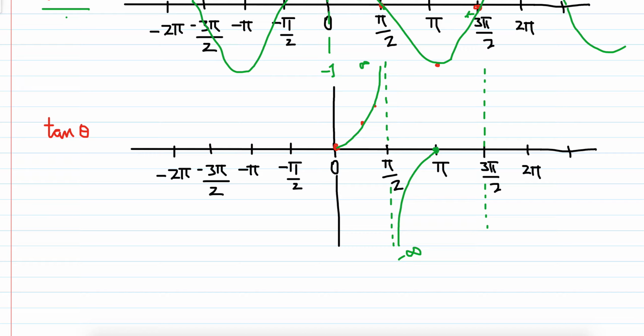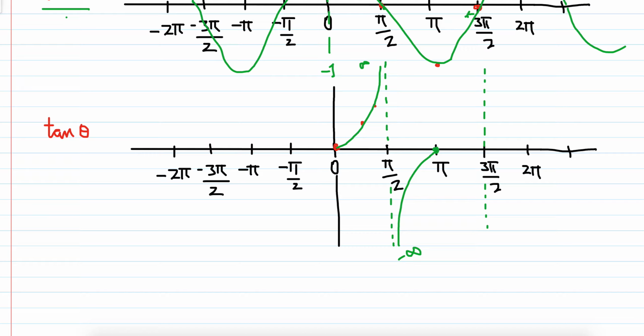So its graph will be like this. It goes up to 1 at pi by 2, then comes back to 0, then goes to minus 1, and then again to 0. And any value here will be a repetition of this part, 0 to 2 pi.